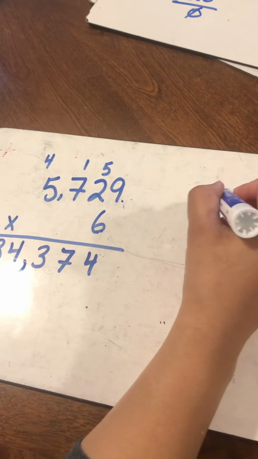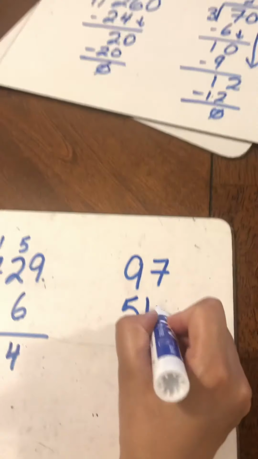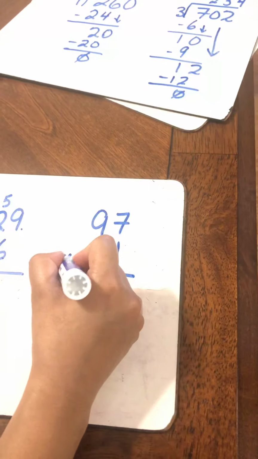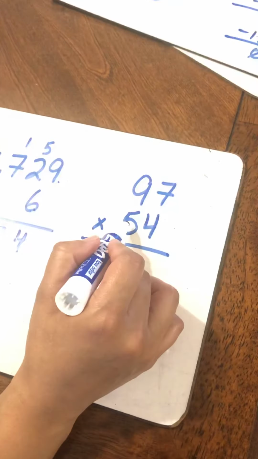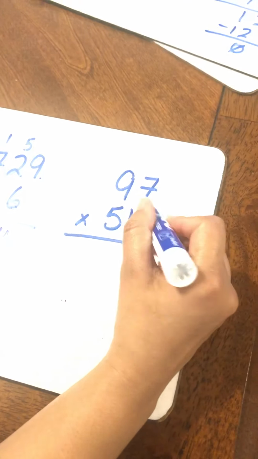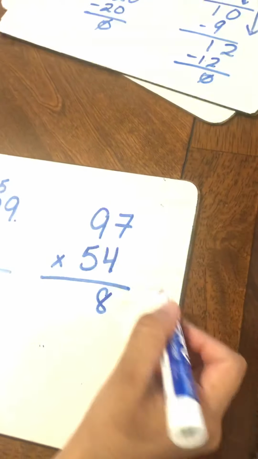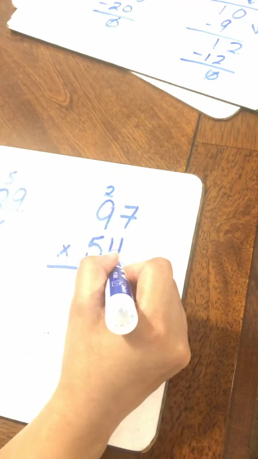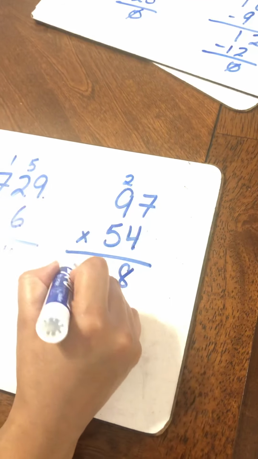Now, 2-digit by 2-digit. I'm going to use traditional method. Okay. So first, I ignore the 5, and I'm just going to multiply the 4 times my 1, right? 4 times 7 is 28. Carry the 2. 4 times 9 is 36. Plus 2 is 38.